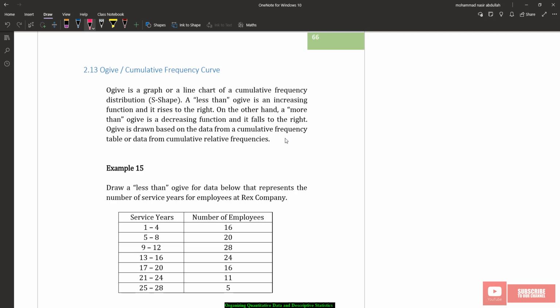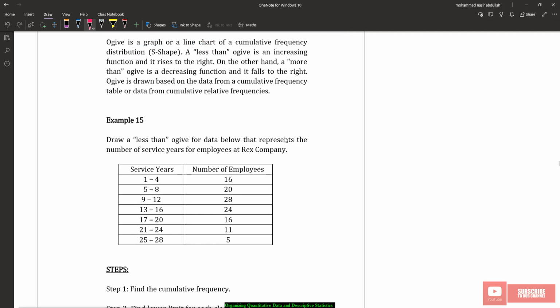So Ogive is a graph or line chart of a cumulative frequency distribution. It's an S-shaped distribution. S-shaped distribution means it will form an S shape. For example, let's say we have this one, it will form a shape like this. Alright. S-shape.